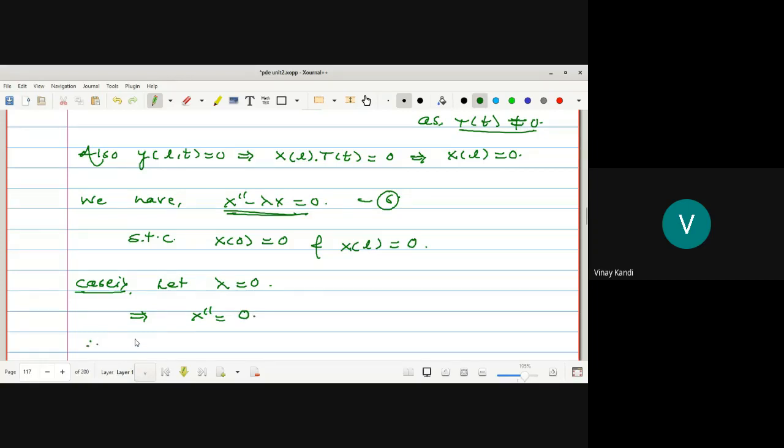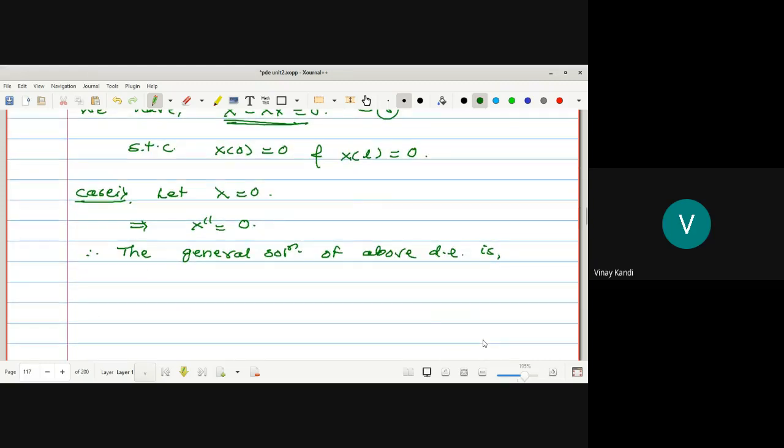Therefore, the general solution of the above differential equation is X of x is equal to A plus Bx. Okay, after integrating, we get the general solution.